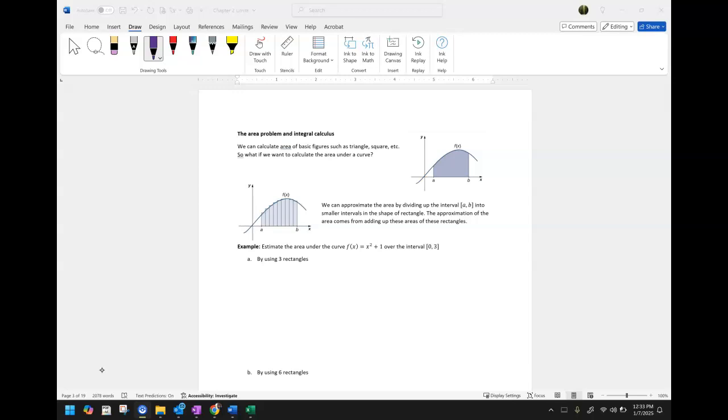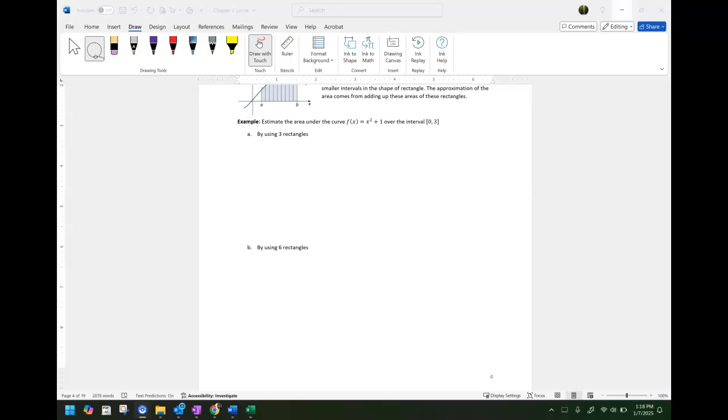So let's say we want to estimate the area under the curve of f of x equals x squared plus 1 over the interval 0 to 3 by using 3 rectangles. First, we will draw the curve over the interval 0, 3. When x equals 0, f of 0 equals 1.